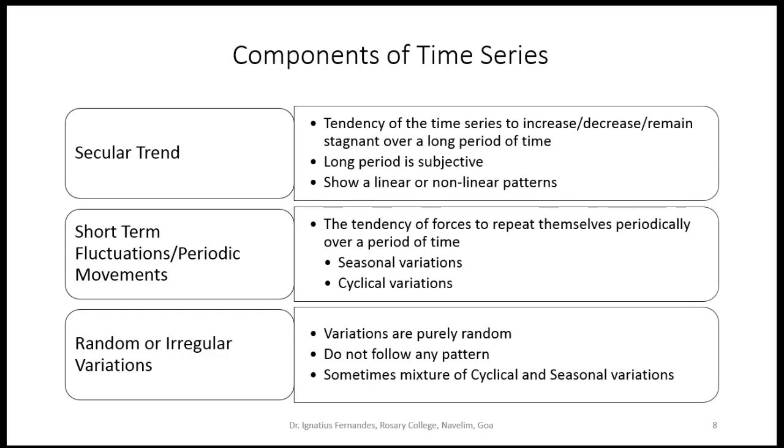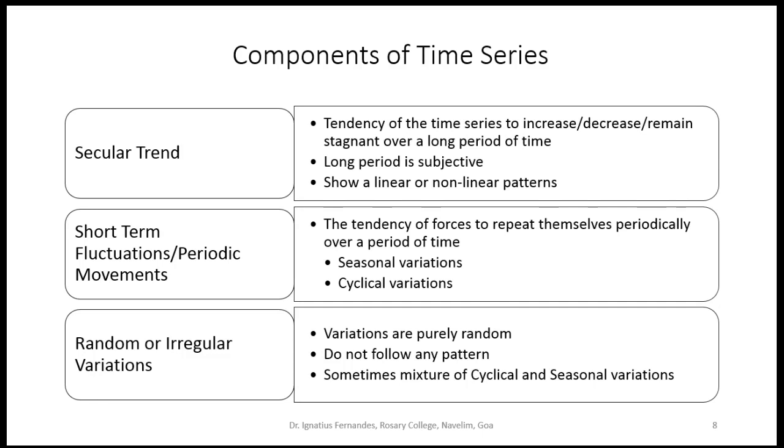Okay, and these variations are purely random, like how you see the behavior of the stock market. Now this will be purely random, or of course it will depend on other factors that happen in the real world. But these variations, you can say, are random or irregular. They do not really follow any pattern, and sometimes these variations are because of a mixture of cyclical and seasonal variations.